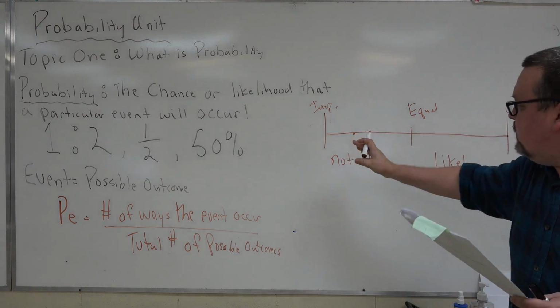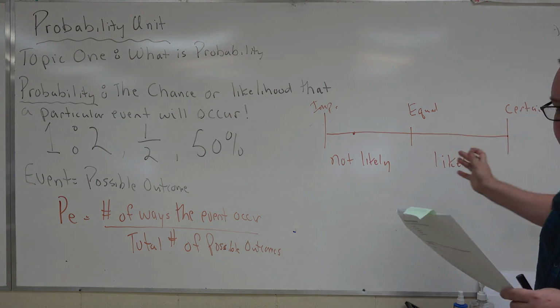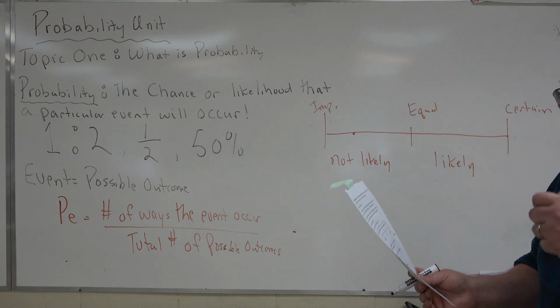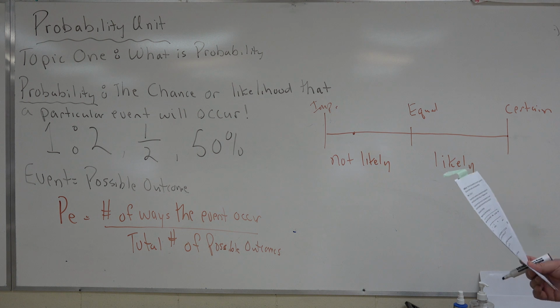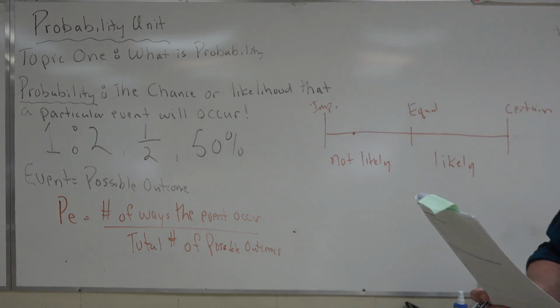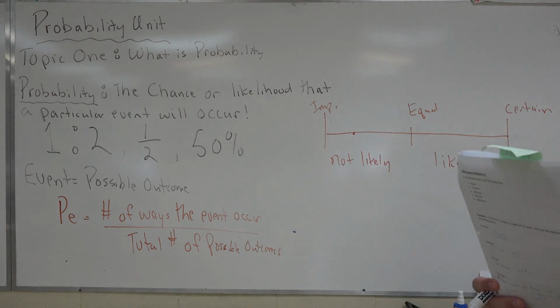Knowing that there's an impossible opportunity for it to occur, there's an equal opportunity, and then there's a certainty for it to occur. There is a formula related to example 1 using that. If the probability of it snowing on December 22nd is a 50% chance, or 1 out of 2, what's the probability of it not snowing?